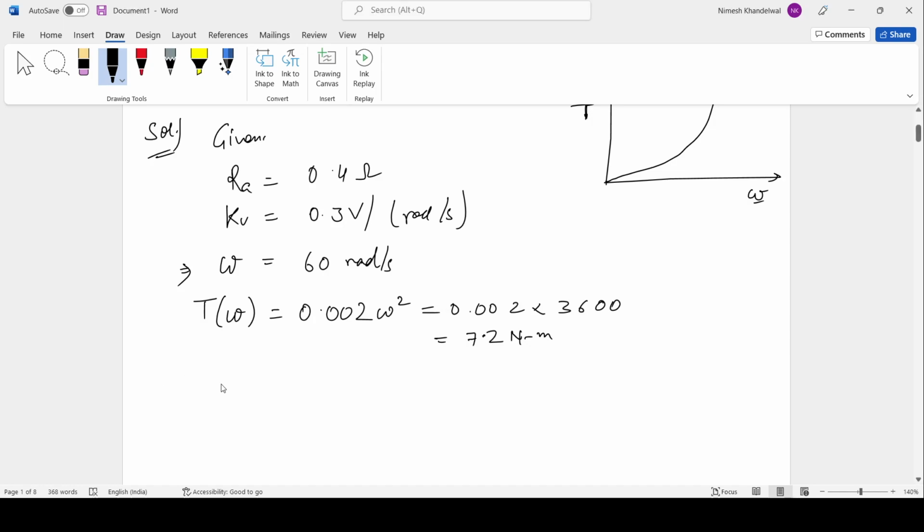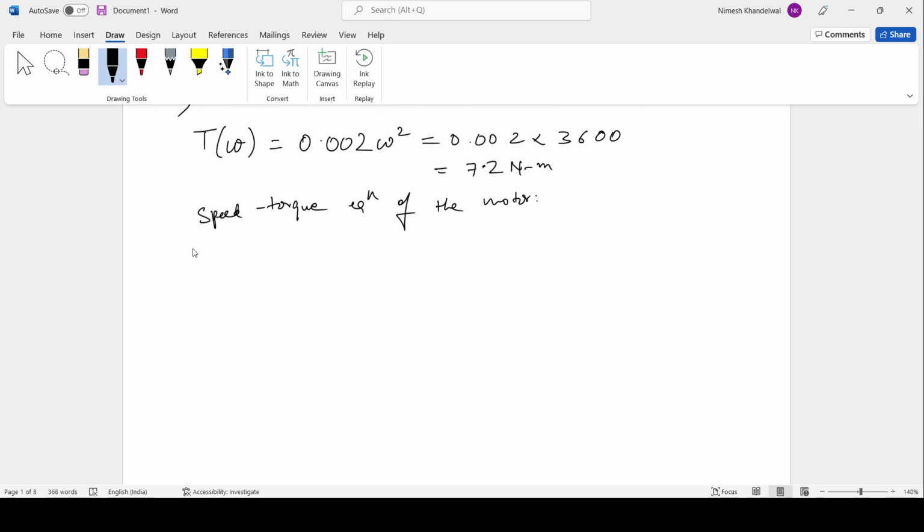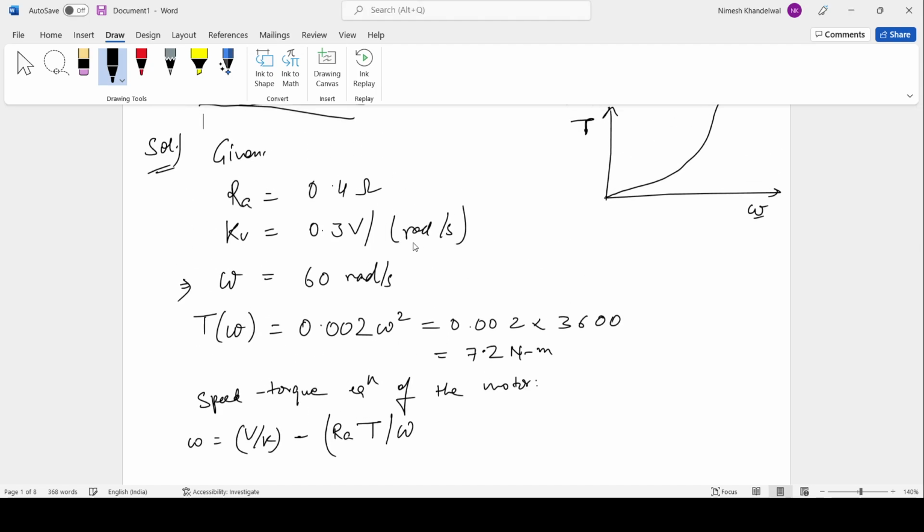And from last week, we know the speed torque equation of the motor. It is given by omega is V over K minus RA and the load divided by K squared.